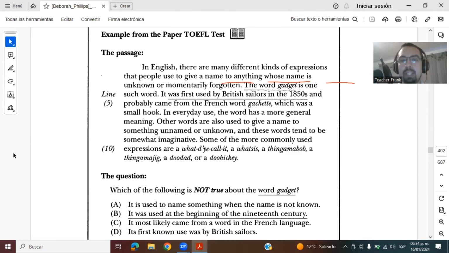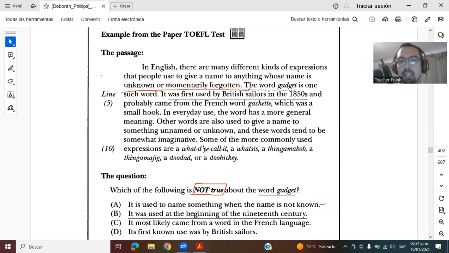In this passage, for example, it asks us, which of the following is not true about the word gadget? And it says, it is used to name something when the name is known. If we read this text, we see here that it says in English, there are many different types of expressions that people use to give a name to anything whose name is unknown or momentarily forgotten.